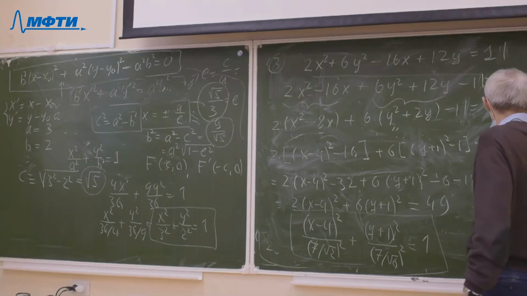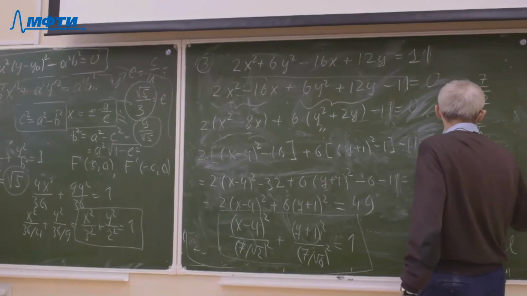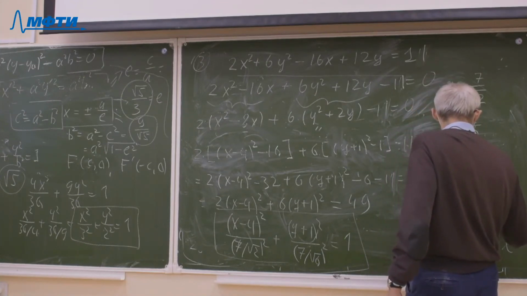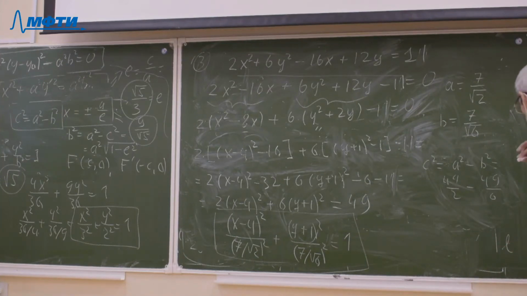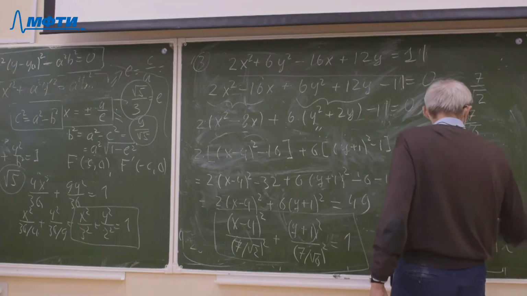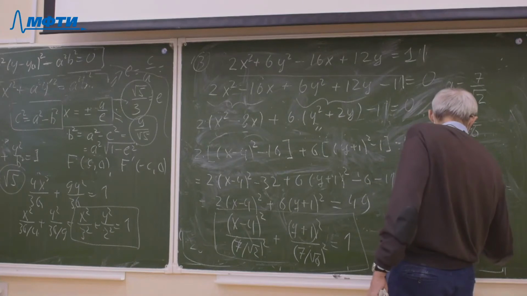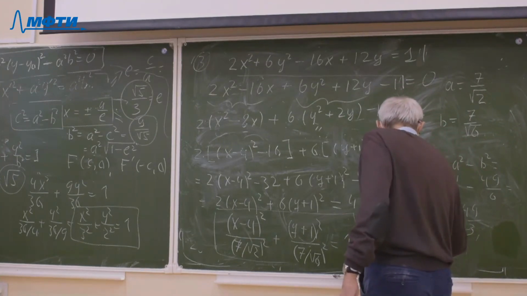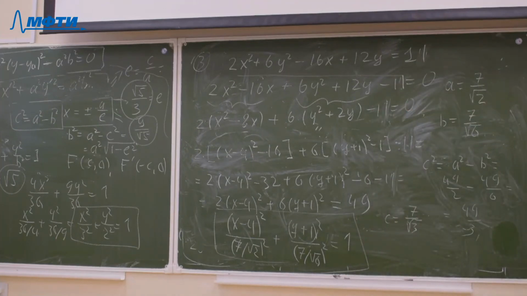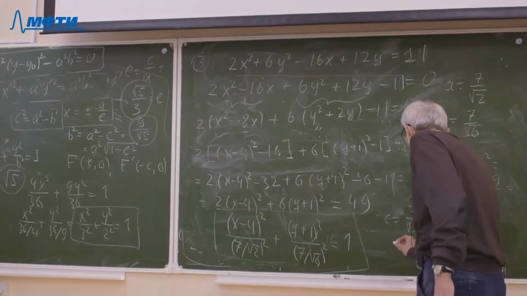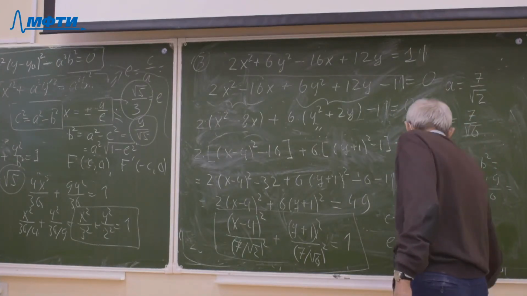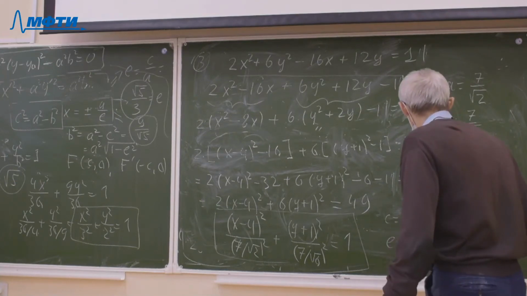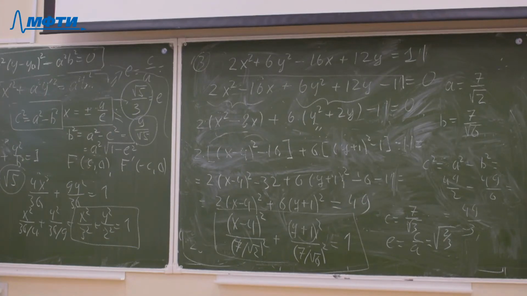c square is equal to a square minus b square, and c is equal to this value. And it is easy to see that the eccentricity e is equal to the ratio c over a, and is equal to root square of 2/3. That is the eccentricity.